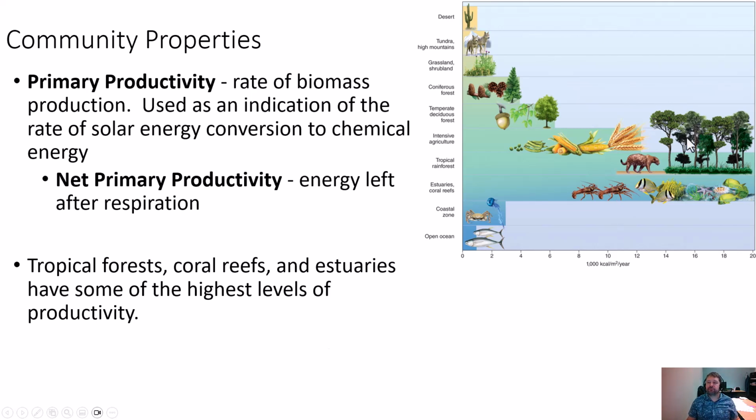And from this graph you can see this is just the number. So this x-axis is 1,000 kilocalories per meter squared per year.